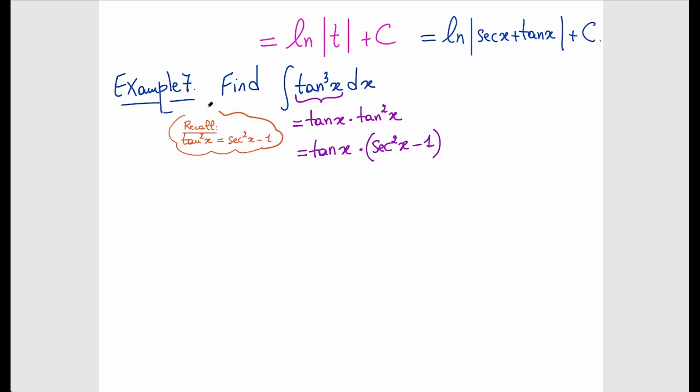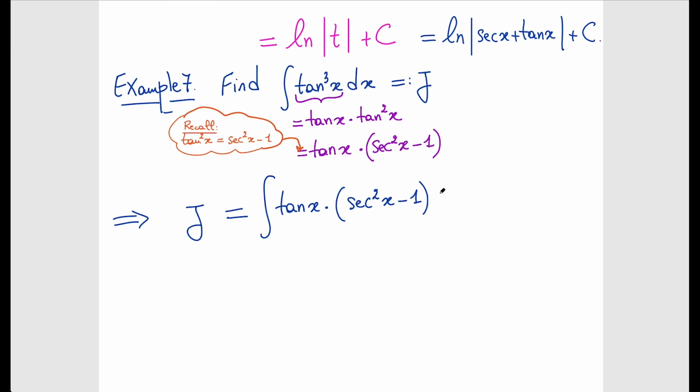So I used this guy over here. Very good. So then this integral is equal, how about we give it a name, J. So J is equal to the integral of tan x times (secant squared x minus 1) dx.